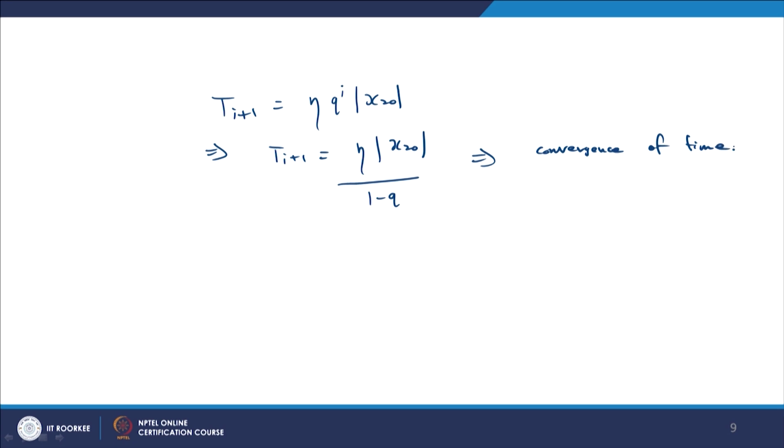Thus, we have proved both convergence of distance as well as convergence of time for the state variable trajectory in this higher order sliding mode, which proves finite time convergence.